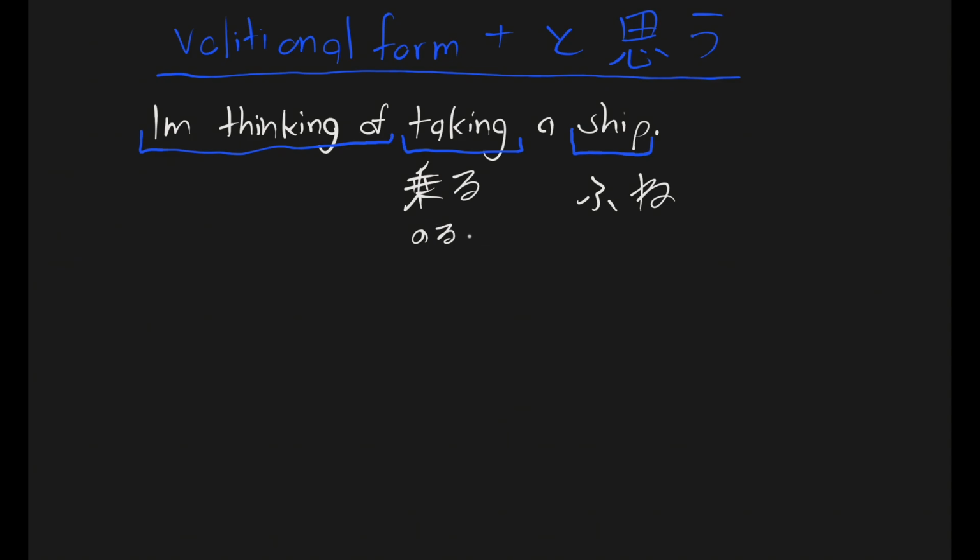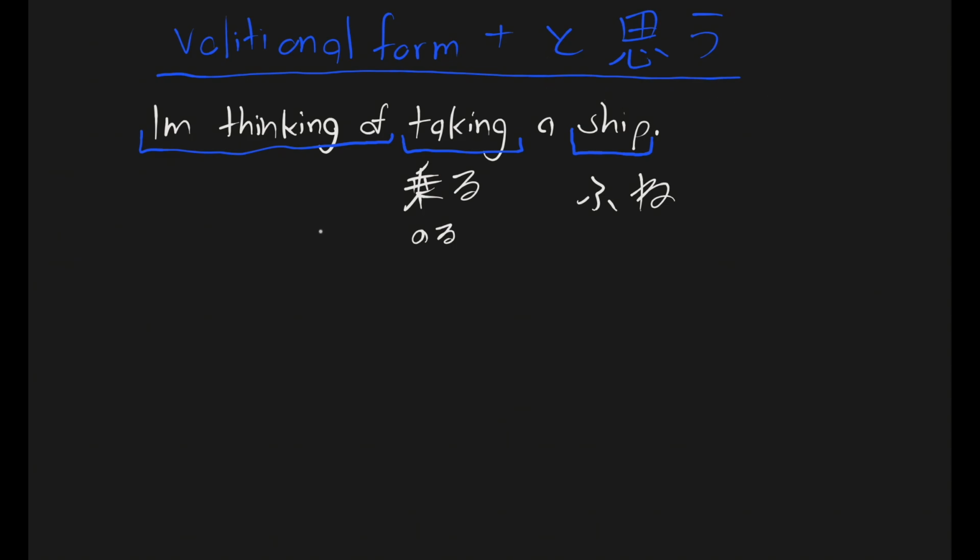It is not that. And then this last part is just to omo. This is part of what we were talking about earlier. So given these, form a sentence that translates to I'm thinking of taking a ship using the volitional form of noru plus to omo, or any of the other endings for to omo that we said.